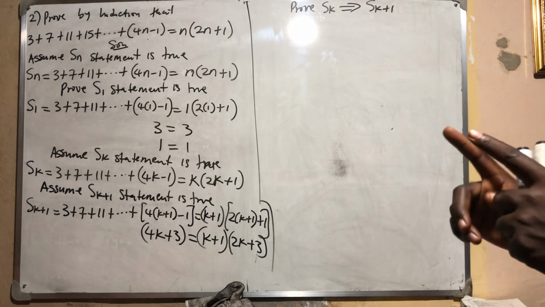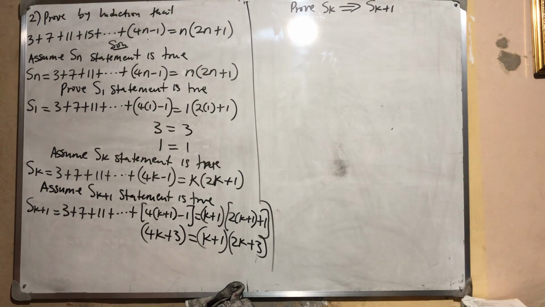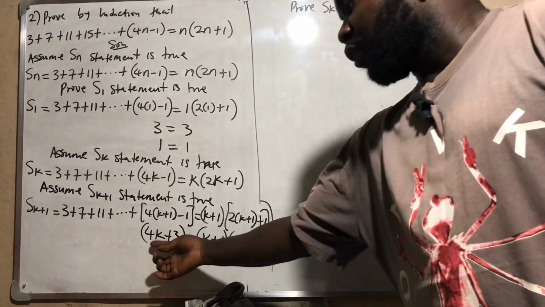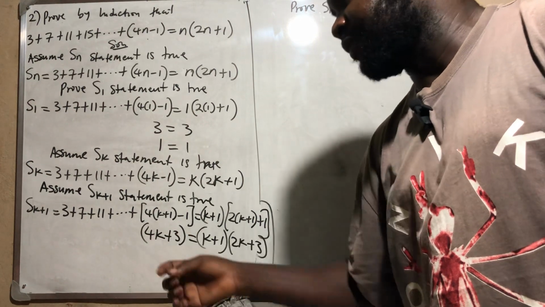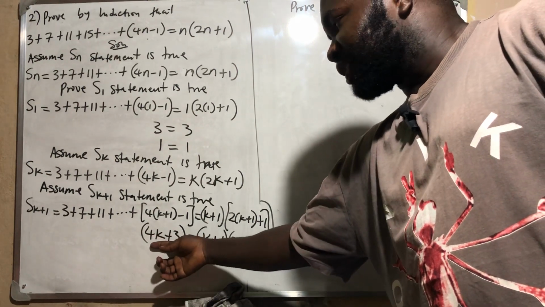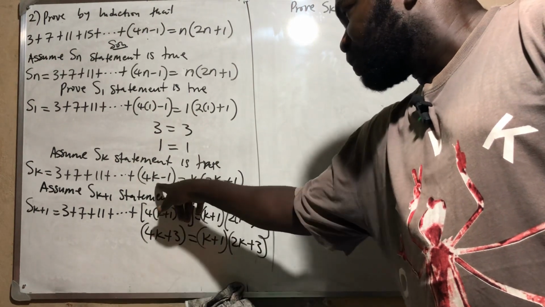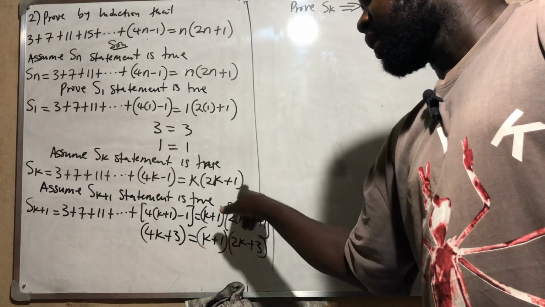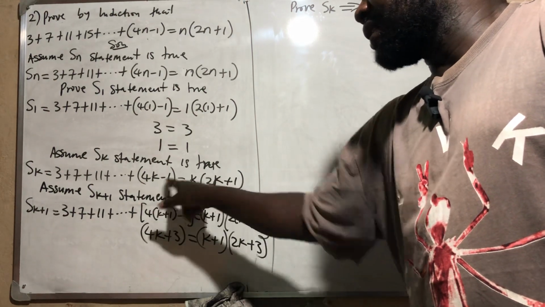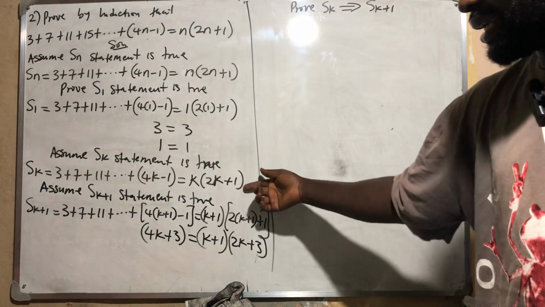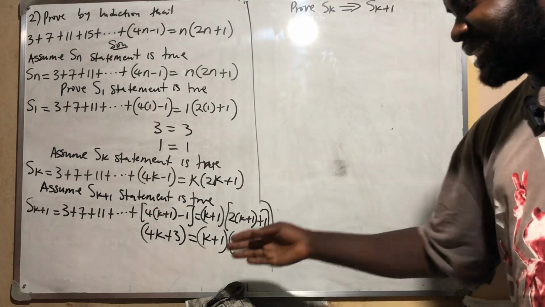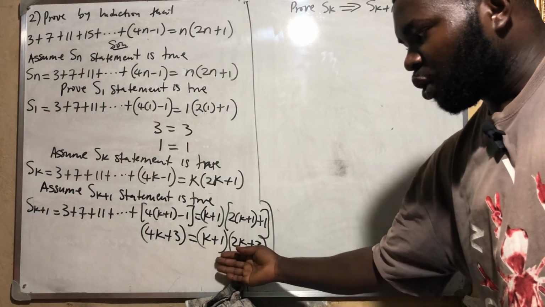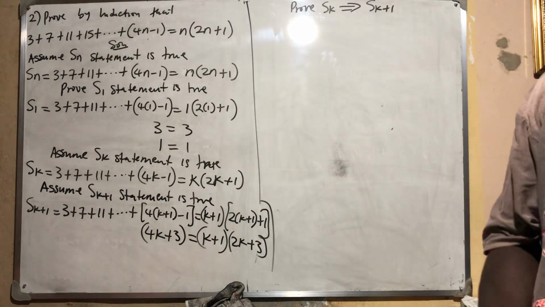Now you have to pay attention here. What do you do here? You just carry the left hand side of Sk plus 1. Please write it down. Carry the left hand side of Sk plus 1. Add it to both sides of Sk. If you add it to both sides of Sk, then keep solving the right hand side of that Sk to get exactly the right hand side of Sk plus 1. Let me repeat what I said.